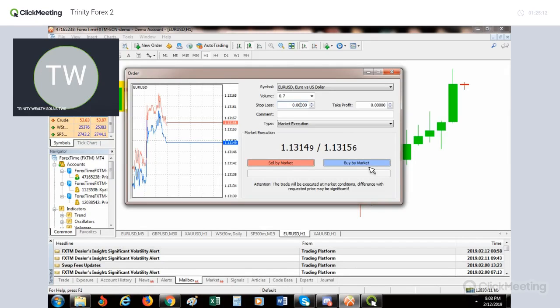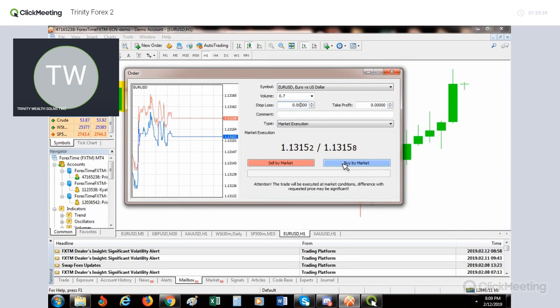If I buy, you can see the buy by market side, meaning you buy by market execution, at the current market price. If you want to sell, you click sell by market, and it fills at the bid price. If you want to buy, you go to the blue side, buy by market, and your order is filled at the asking price.